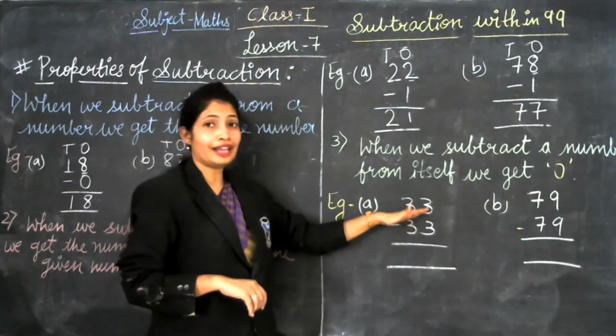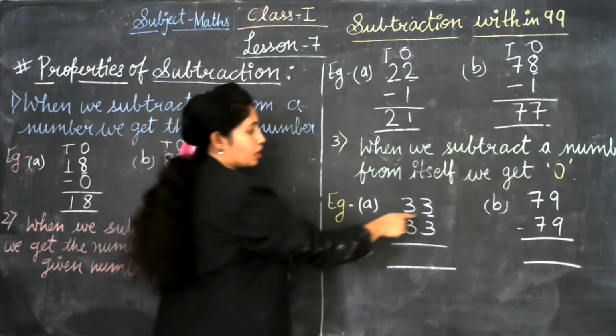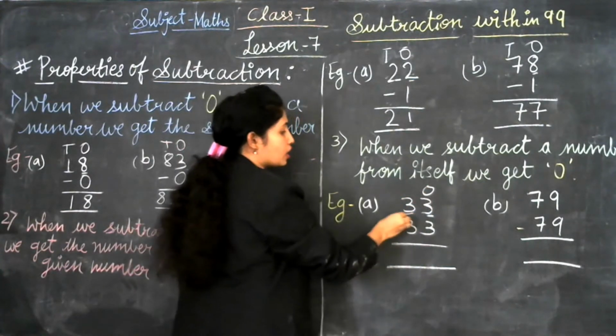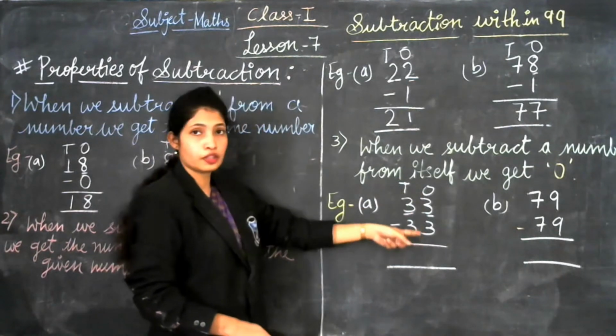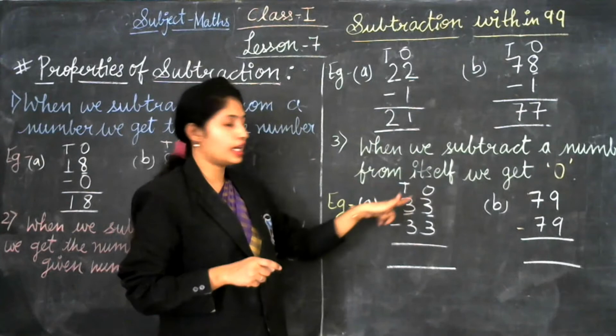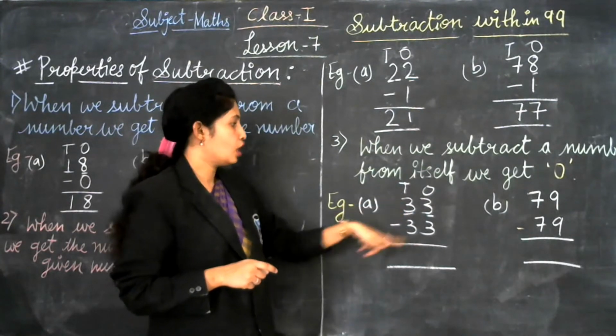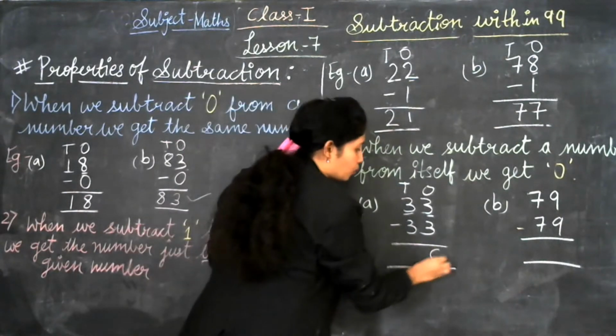Before we subtract 3 minus 3, we will put down the values. 3 is in 1's place, 3 is in 10's place. Clear? Now we will subtract 1's place values. 3 minus 3, we get 0. And in the 10's place, 3 minus 3, we get 0.